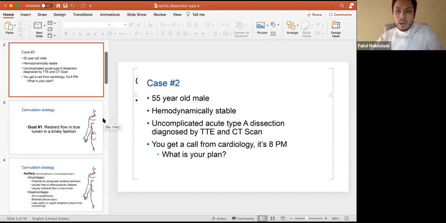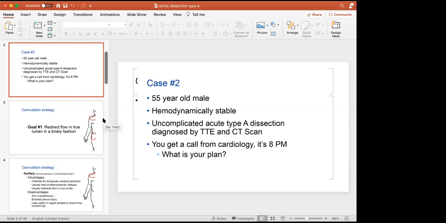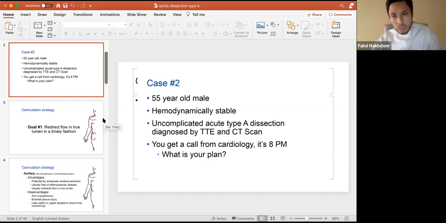Okay. So I think if the extension is to the innominate, just like our case here, your radial line on the right side is still going to be okay.